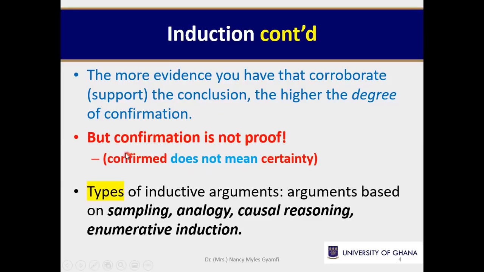That is why we say you may have confirmed something, a generalization, but confirmation is never the same as proof. So far as there is a possibility of falsehood, you can only say you have confirmed it, like the COVID cases that we've had, but there can always be a counterfactual.